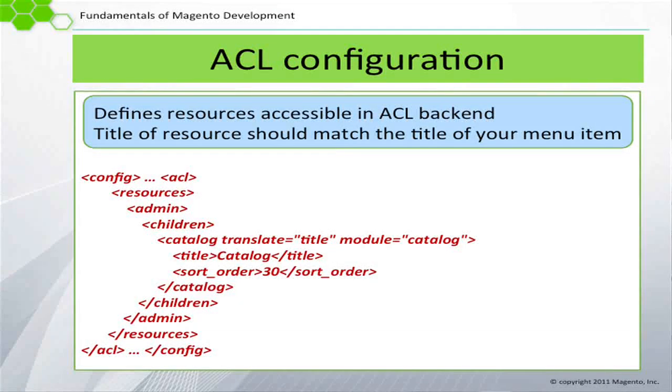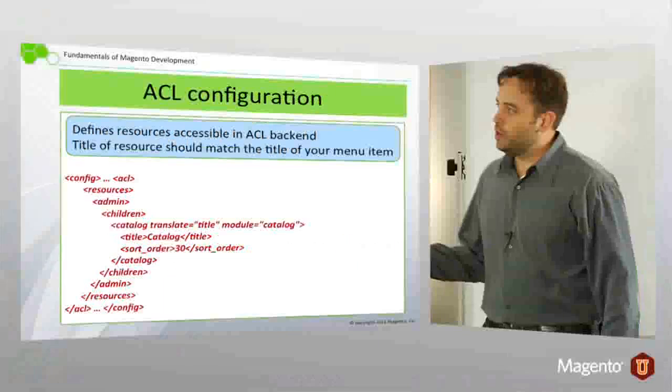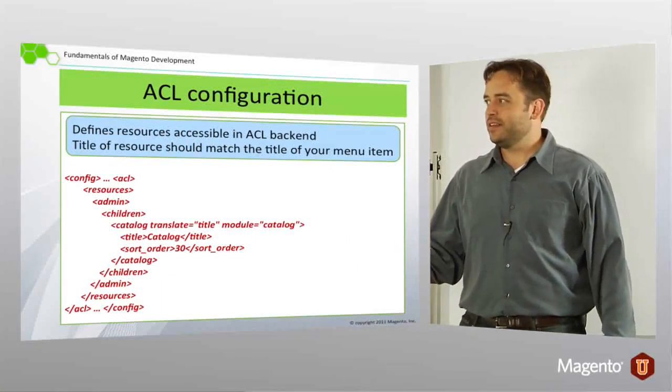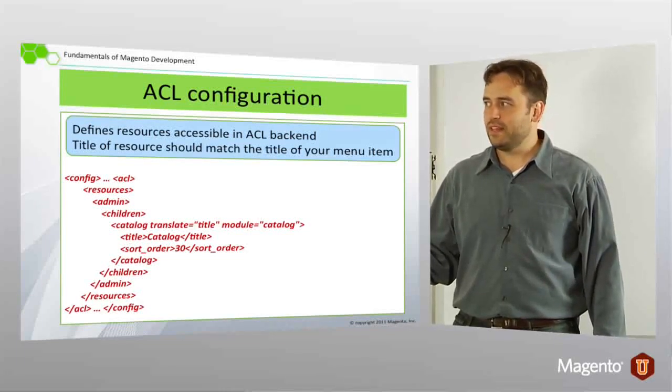And ACL, resources, admin. So this will always be the beginning of an ACL declaration. So children, catalog. That's the connection.